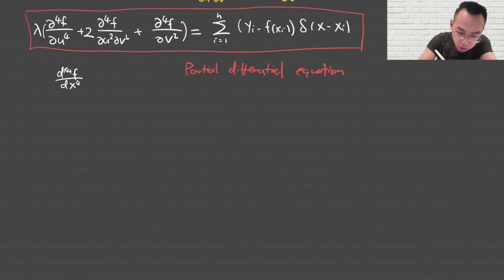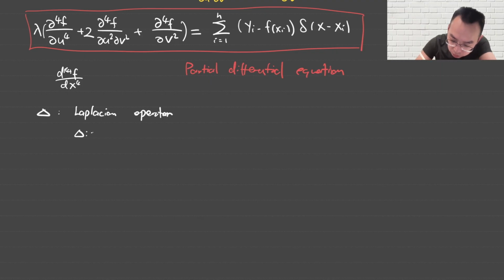The Laplacian operator is defined this way, this triangle is the Laplacian operator, and it's defined as, sorry, there's no f.